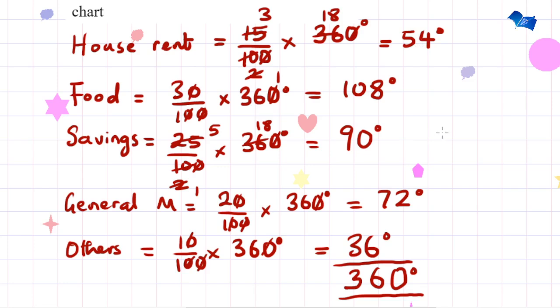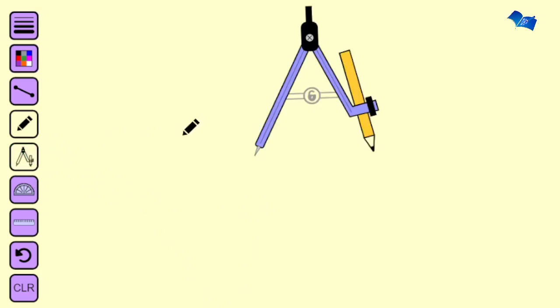So hold on. The first thing I'll do would be to get my compass, open it to a reasonable radius. When you open it to a reasonable radius, you now lock it, okay? So that it will not be wobbling.